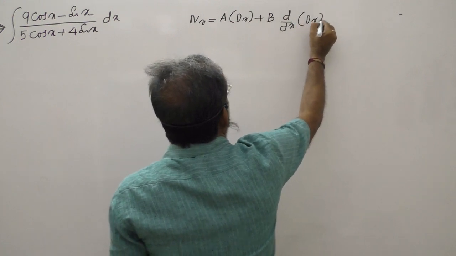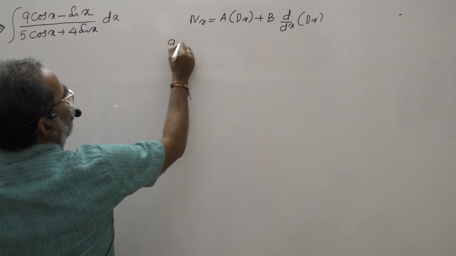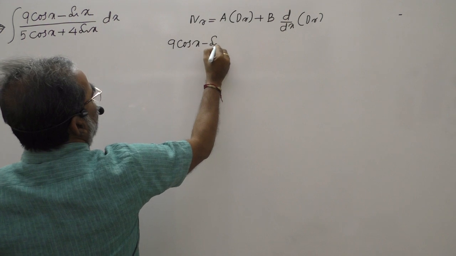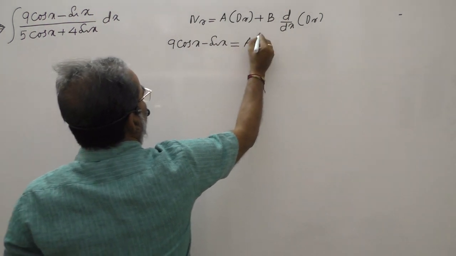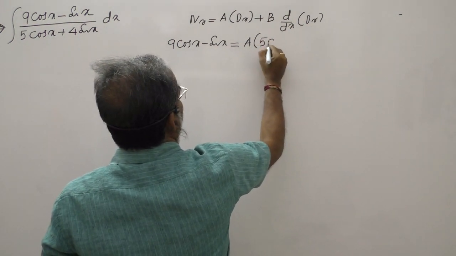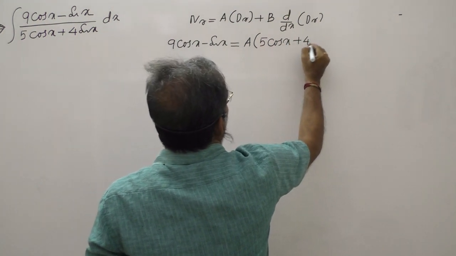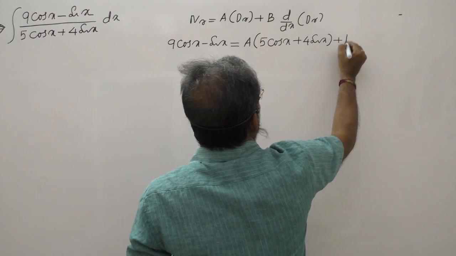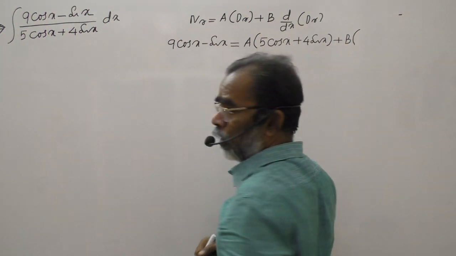Yes. What is numerator here? Listen carefully now. 9 cos x minus sin x is equal to a into denominator. Denominator is 5 cos x plus 4 sin x, plus b into d by dx of denominator.